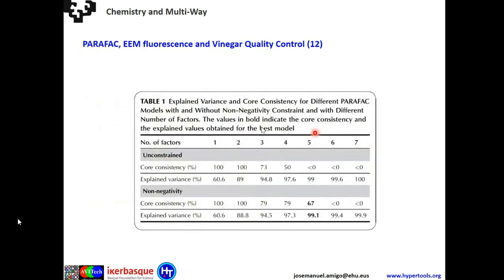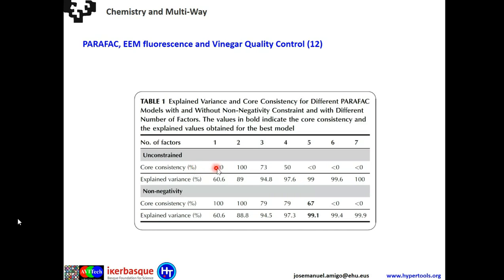So the first thing we have to do in this type of method is to obtain the proper number of components. In Parafac, we have, of course, the explained variance, but we also have something called core consistency. The core consistency is a mathematical parameter that tells us how trilinear our data is, or how well it fits a trilinear model.